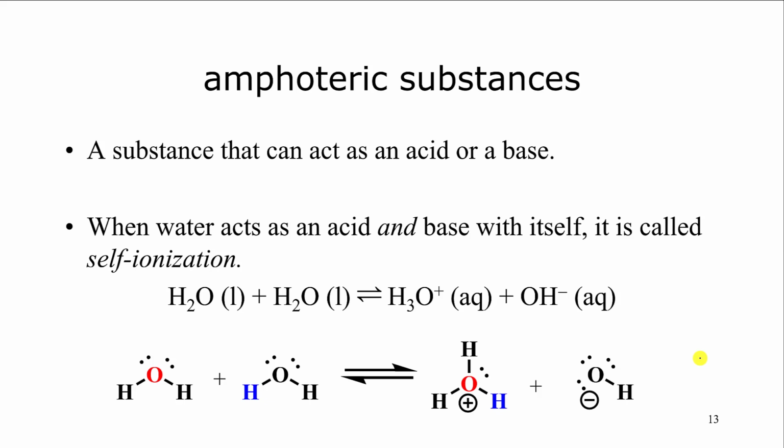Now, how do you recognize amphoteric substances in general? The most common ones are ones that are part of polyprotic acids. So, for example, I just gave you an idea here.